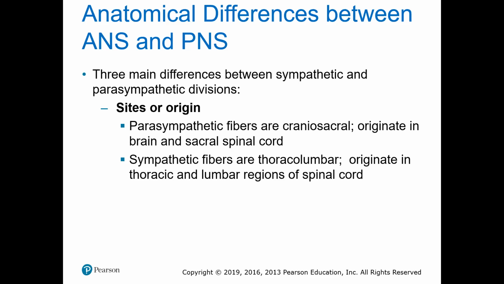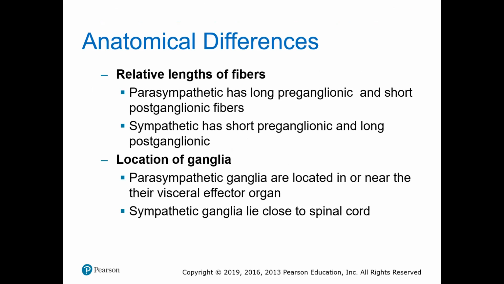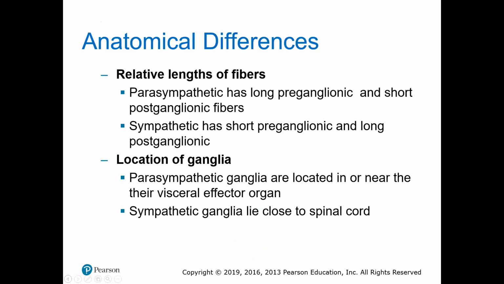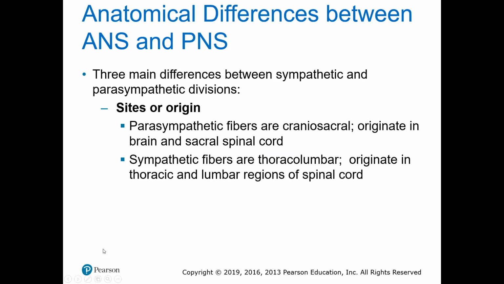They sort of come in the middle. There's parasympathetic either from the brain or from the sacrum here. The sympathetic are all here in the middle, like this. So that's the first difference. Parasympathetic, essentially top and bottom of the central nervous system.